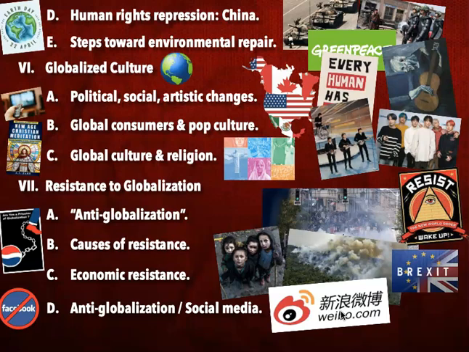We can look at social media as another aspect of globalization because we're able to interact with people all over the globe, unless you're in China. If you want to get back to human rights repression, the Chinese government controls social media there, and so they limit who you're able to have access to as you communicate and get information.